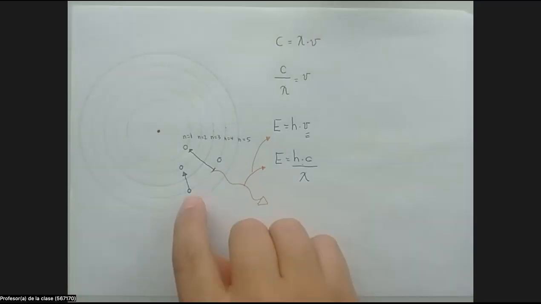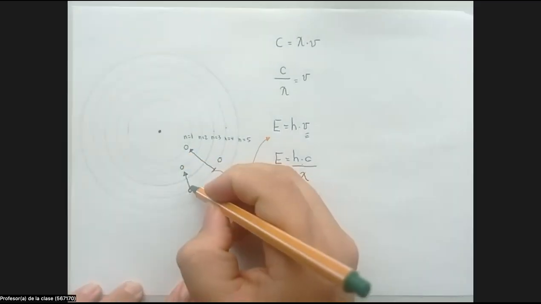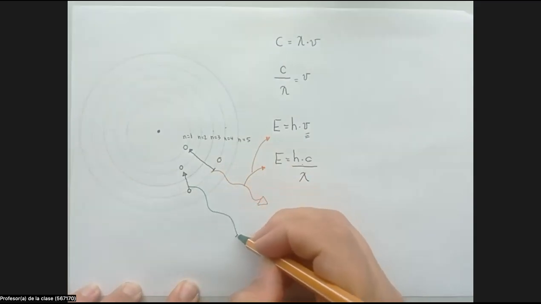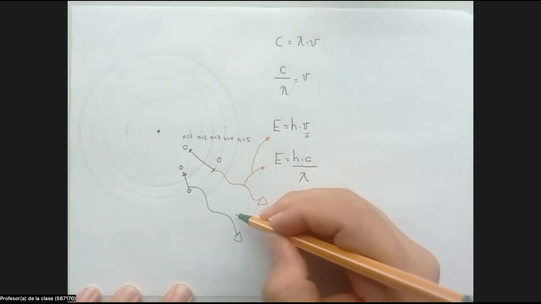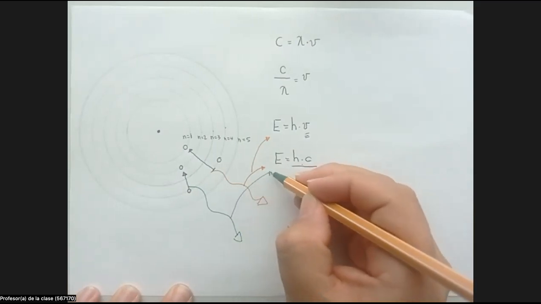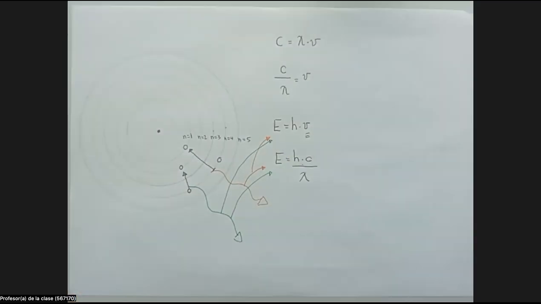the jump here is smaller than the first one, right? But also a photon will be emitted too, and the energy of this photon will be this formula over here, and also this one over here. We'll have the same formula.